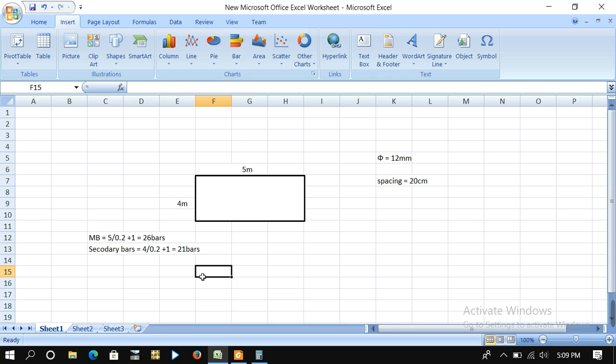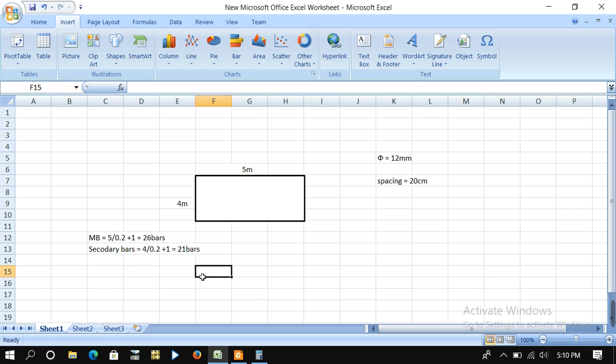So in order to calculate the total length of bars in the shorter direction, what we will do is multiply the number of bars with its own length.